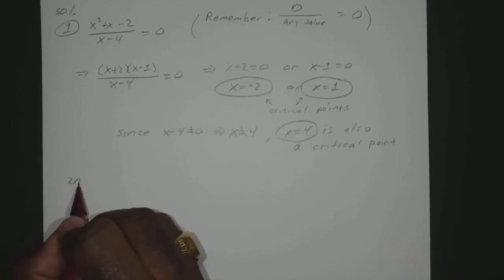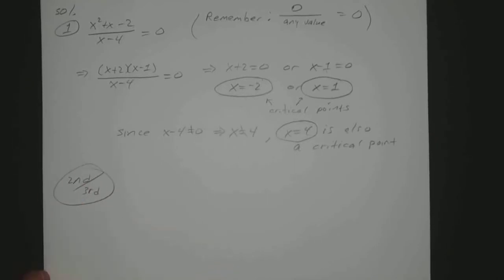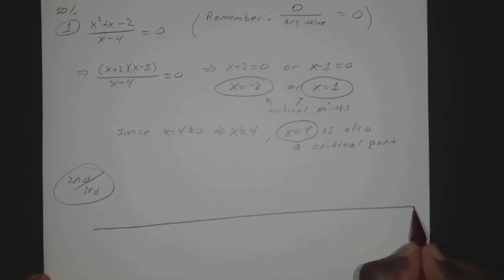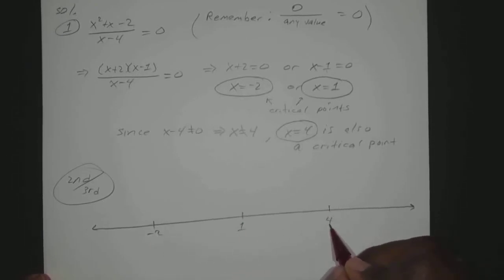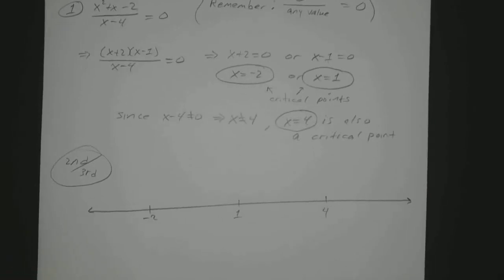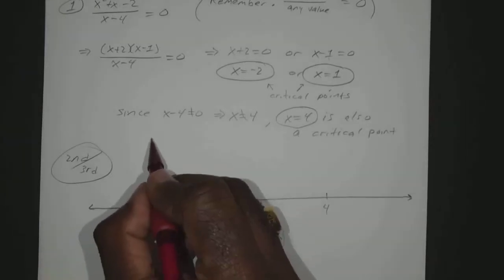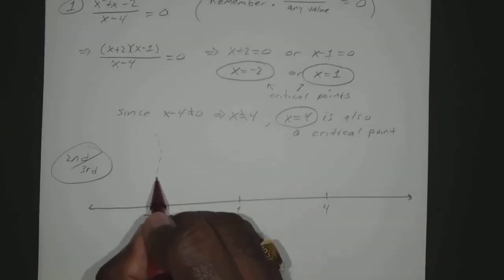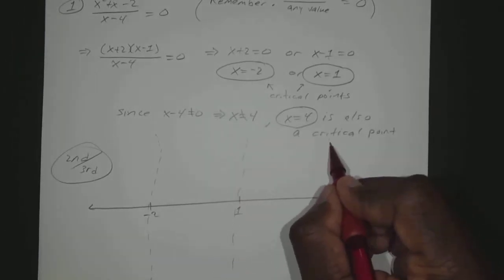All right, so if we get to our second and third step, we place our critical points on the number line. So we have our negative 2, we have our 1, and we have our 4. And again, just draw a little dotted line to kind of separate them.